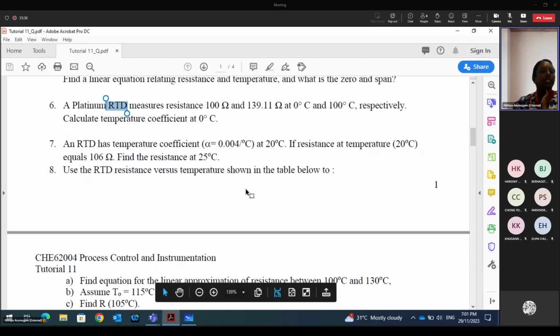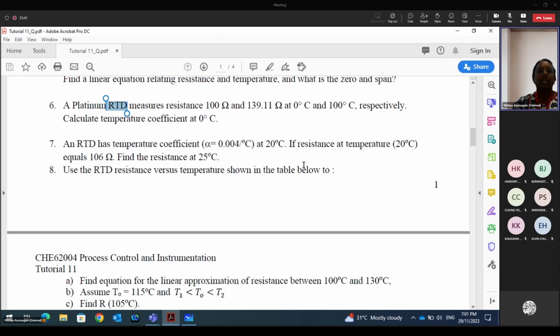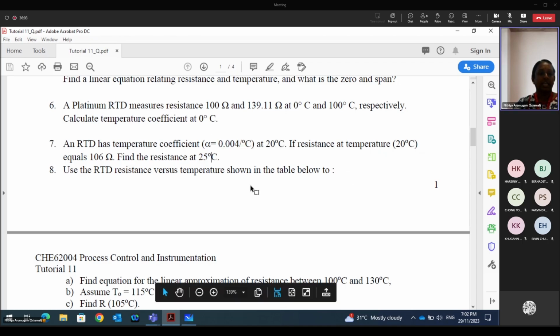Now, question number 7 is similar to question number 6. In this case, the temperature coefficient is already provided at what temperature. If resistance at temperature 20 is 106 ohm, we need to find out the resistance at 25 degrees Celsius.